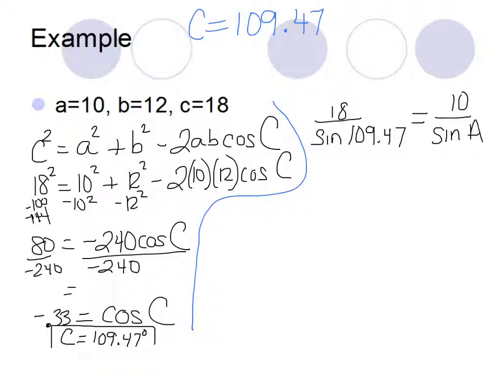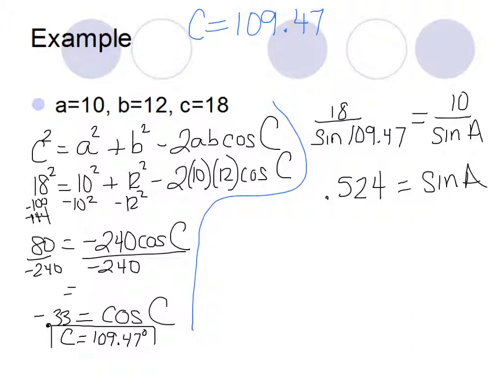So that means I get 10 times the sine of 109.47, and then I'm going to close that parenthesis, and I'm going to divide it by 18. And I end up with 0.523 or 524, something like that, equals the sine of A.